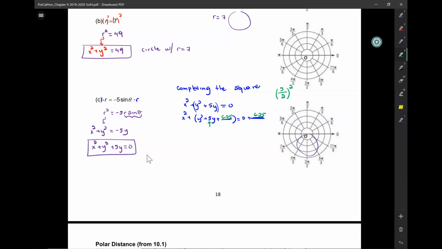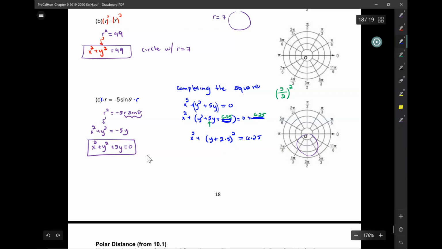Okay, so now I can factor this, and I say x squared plus (y plus 2.5) squared is equal to 6.25. How do I get 2.5 here? Because that's the square root of 6.25, right?